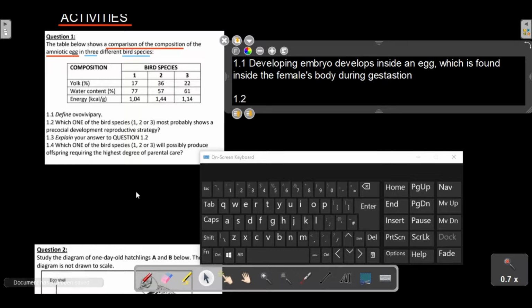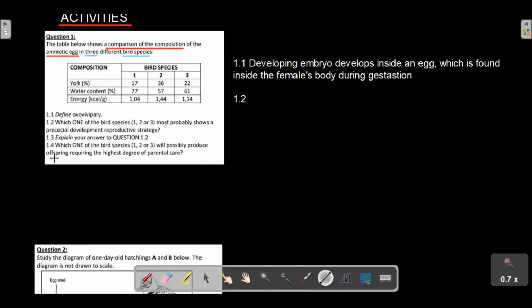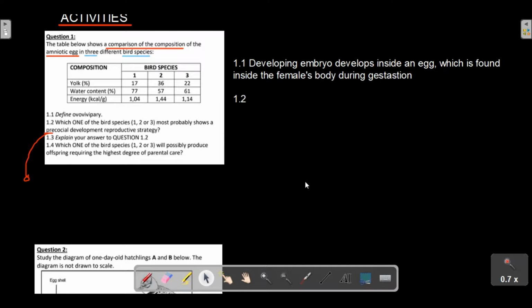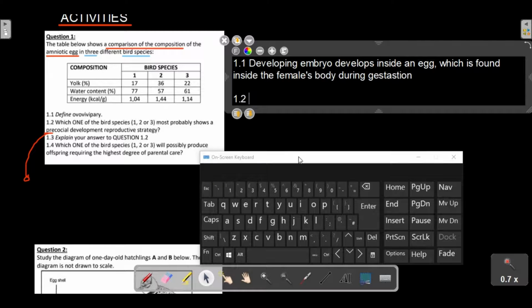Now, if you think about this, a precocial development means that when the bird species gives birth, it will give birth to a fully developed bird that is able to move around, that has its eyes wide open, that is able to feed itself and hunt for itself. So it's independent of the parents. It doesn't require parental care.